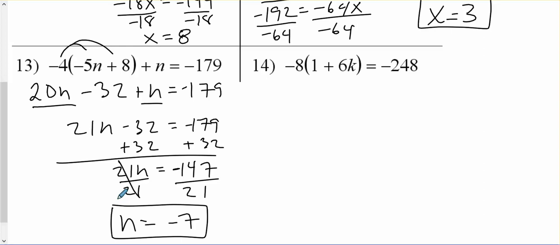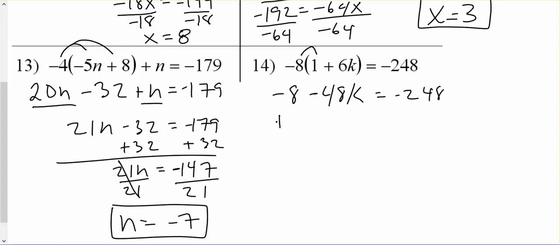Our last one, negative 8 times 1 is negative 8. Negative 8 times 6k makes negative 48k equals negative 248.